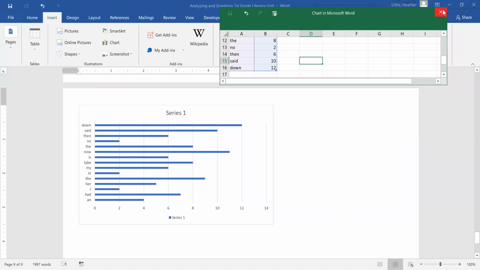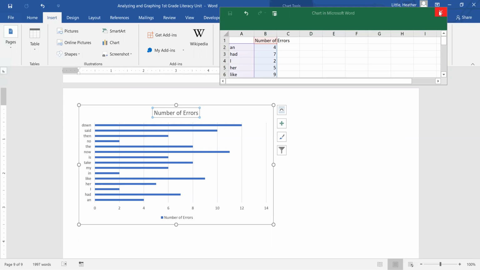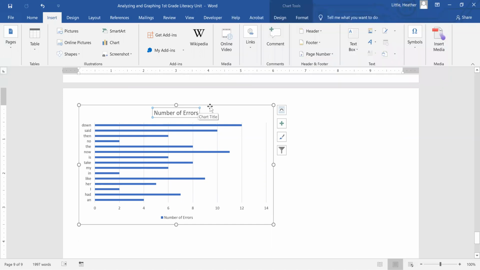Again, we're going to close this for a minute after I say number of errors. Number of errors in high frequency words.